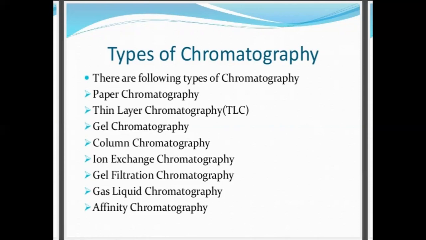These are the different types of matrices used in ion exchange chromatography. Natural ion exchange resins are zeolite, zirconium phosphate, lignin. So these are the different types of how you do the chromatography.